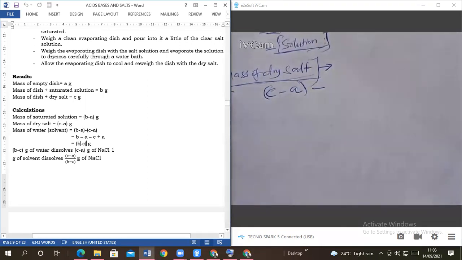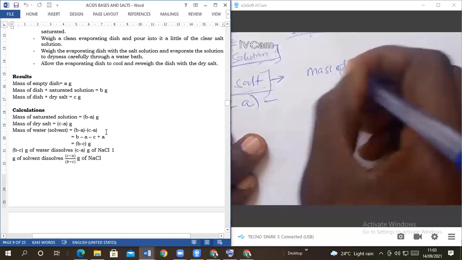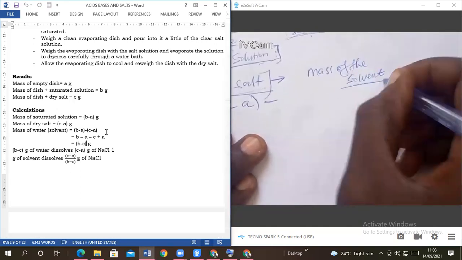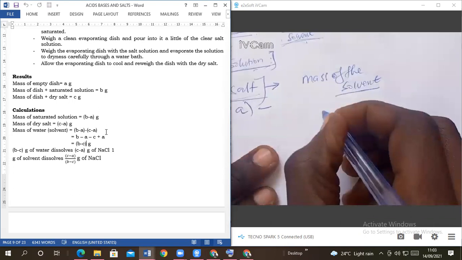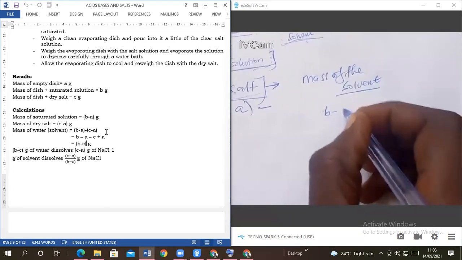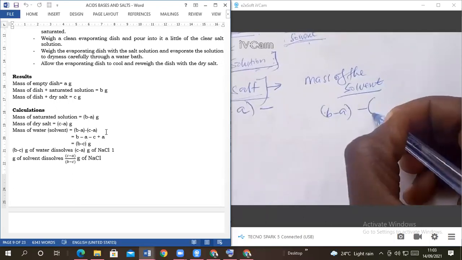Now if you open up the brackets, the mass of the solvent is going to be the mass of the saturated solution, which is B minus A, minus the mass of the dry salt.